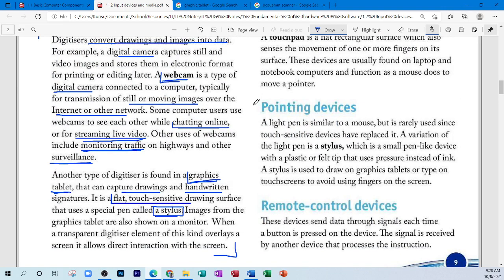Sir, I like how a graphics tablet doesn't have a screen. If it falls, does it still crack? It's possible, because remember there's still electronics inside, and remember the surface still has to be touch sensitive.